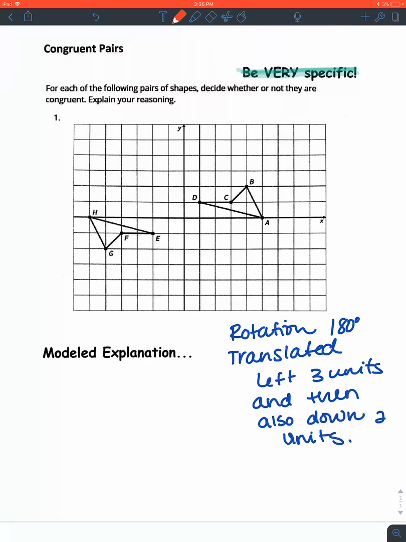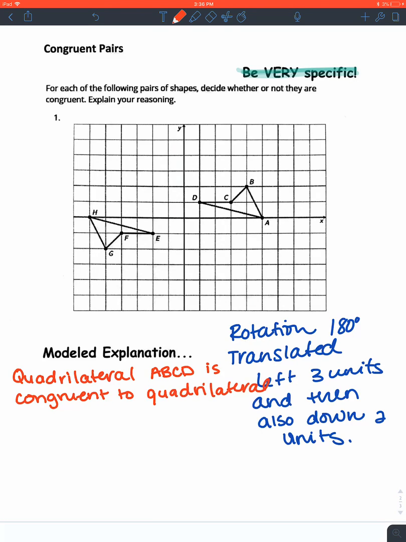So what I'm going to say here is quadrilateral ABCD is congruent to quadrilateral HGFE. I'm restating the question, and I'm also answering the question while I'm restating it. And now I'm going to use my explanation.